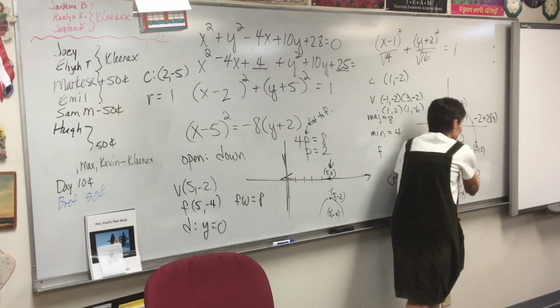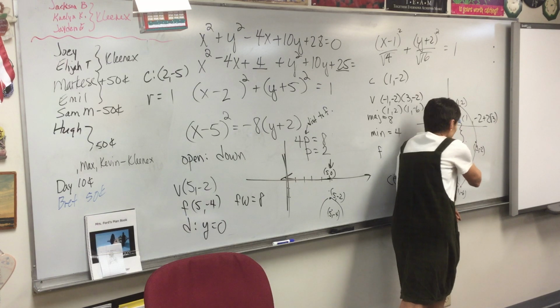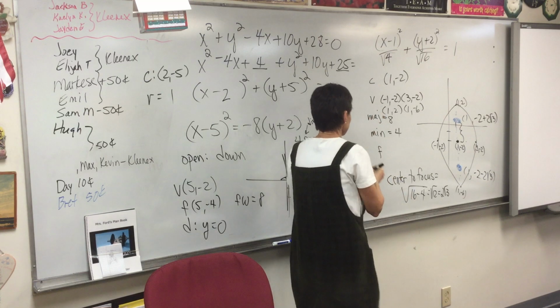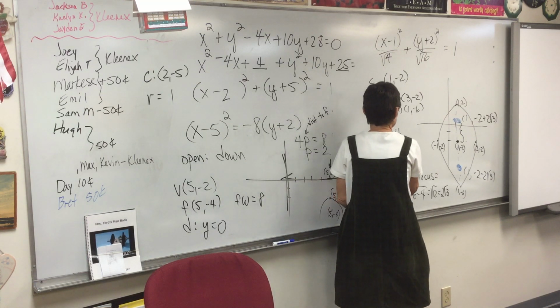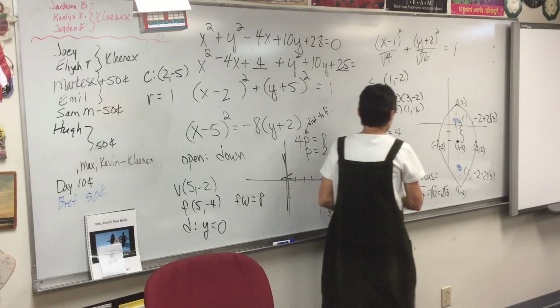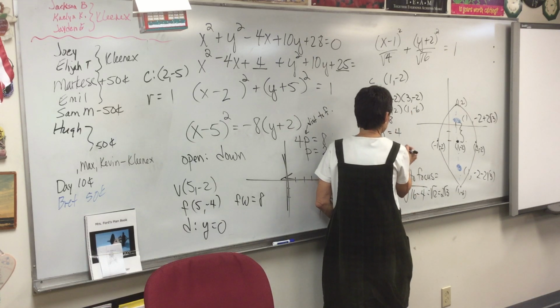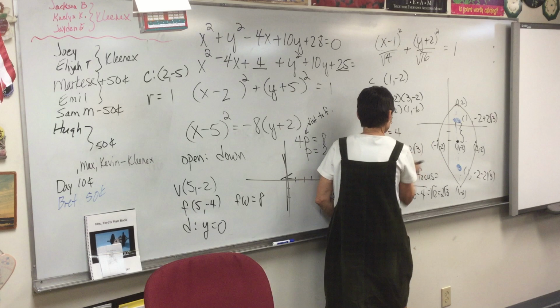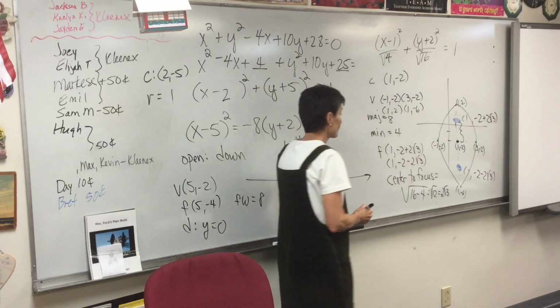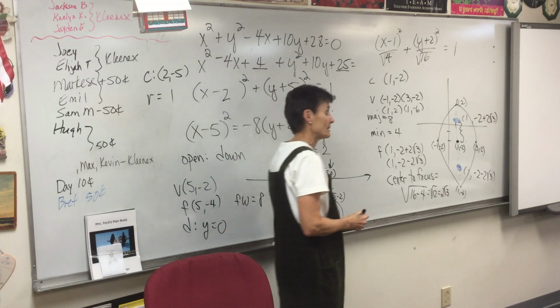Negative 2 is my starting point, and then minus 2 root 3. And those 2 points are your foci. So it's 1 comma negative 2 plus 2 root 3, and 1 comma negative 2 minus 2 root 3. So we can just keep it like that? That's how you should keep it, yes.